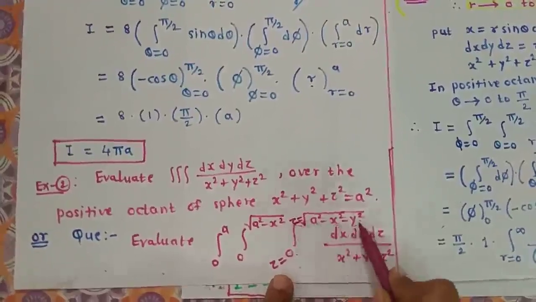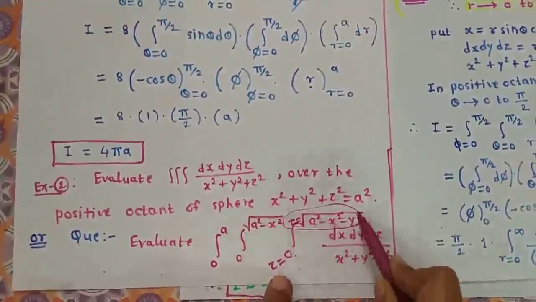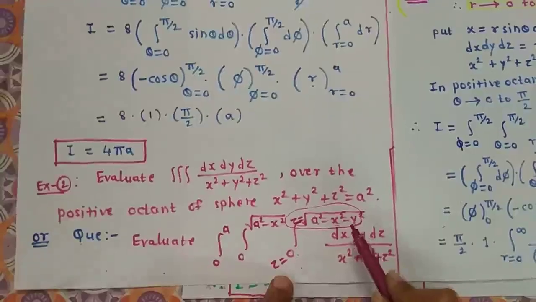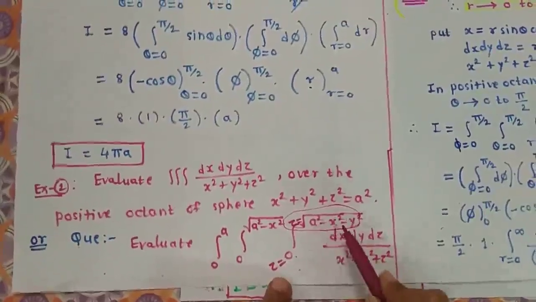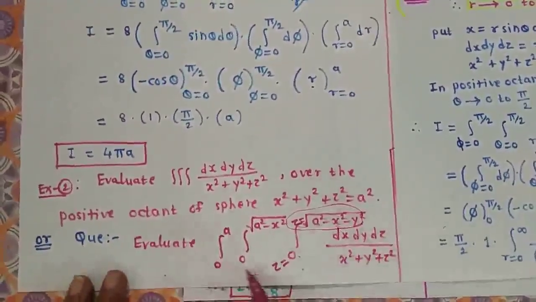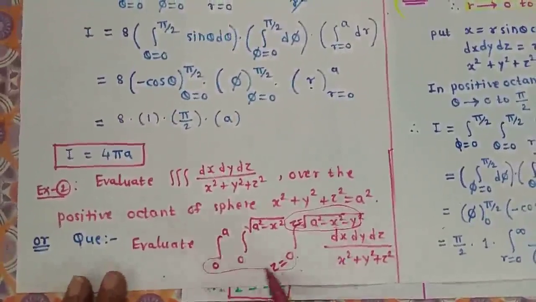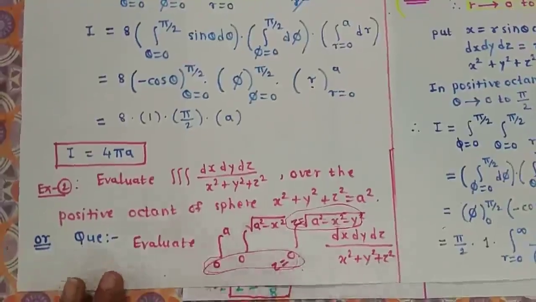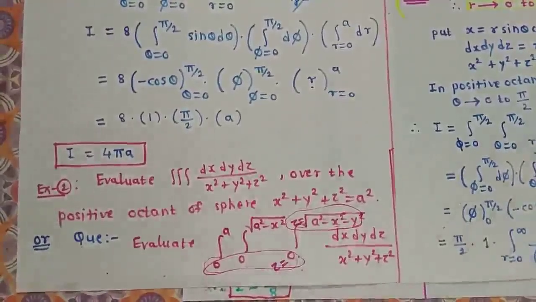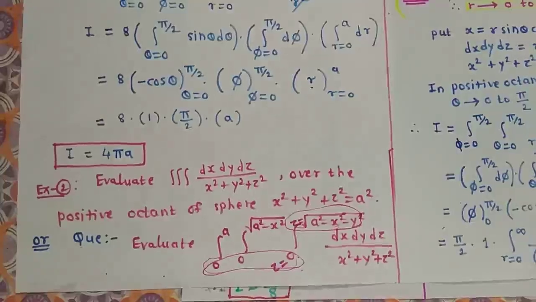If you simplify this equation, we get x square plus y square plus z square equals a square, and this equation represents a sphere of radius a. But since all lower limits of x, y and z are 0, the values of these three coordinates are greater than or equal to 0, meaning all values are positive.